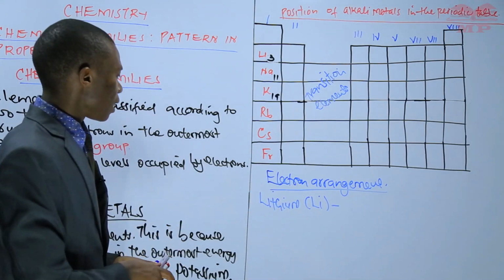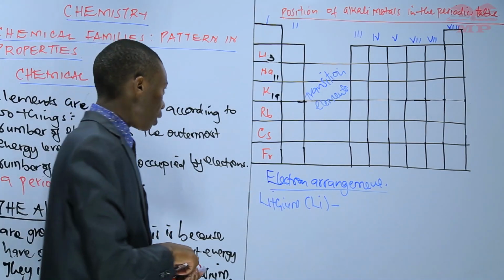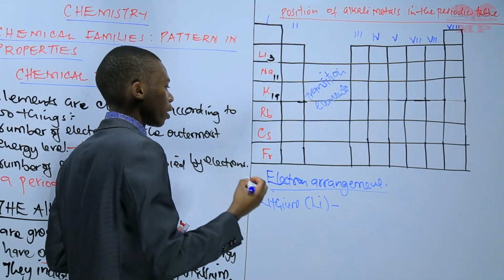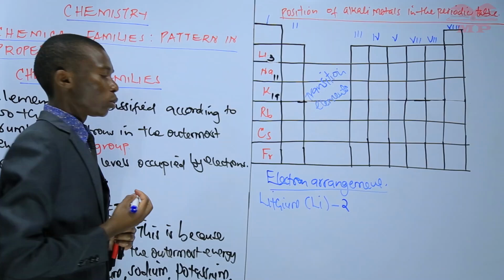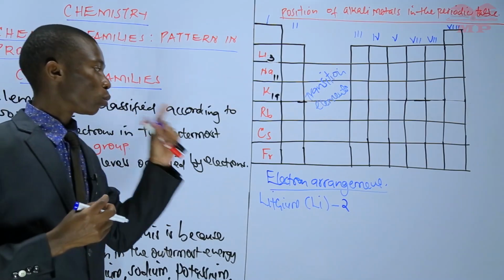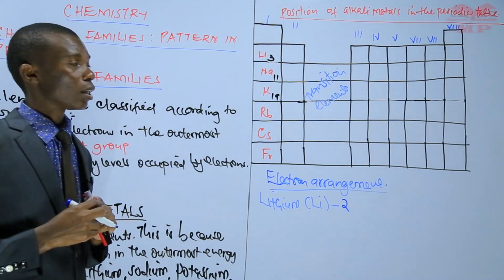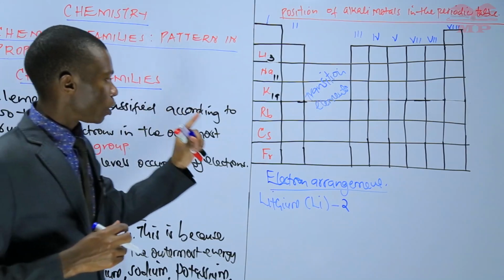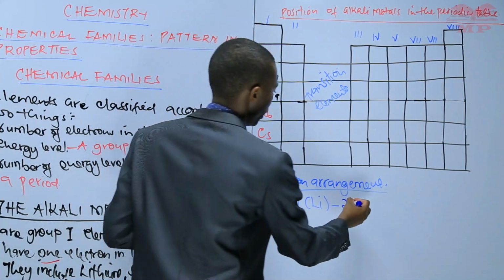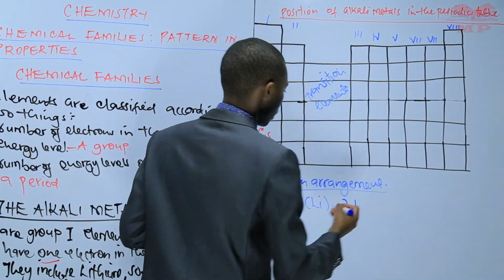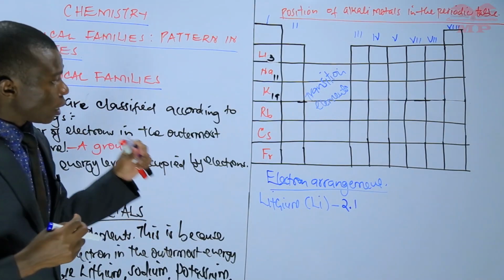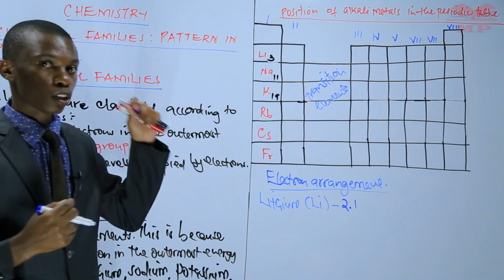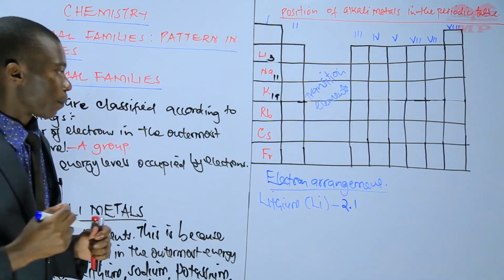The electron arrangement for lithium: it has 3 electrons, so it will have 2 electrons in the first energy level, then 1 electron remaining, which we place in the second energy level. So the electron arrangement of lithium is 2, 1.